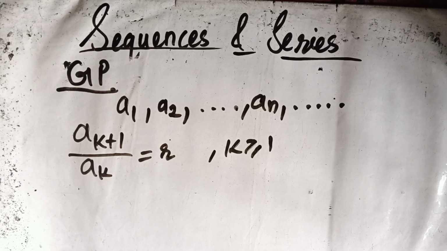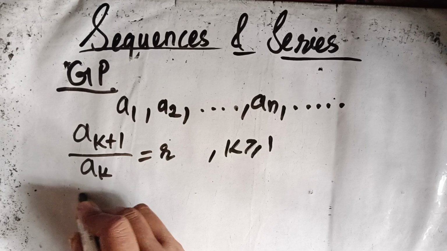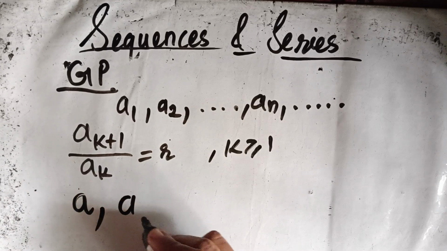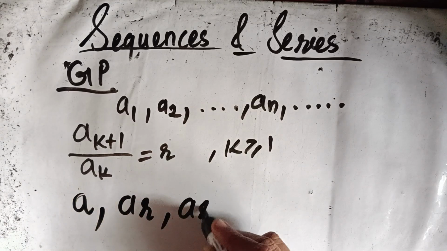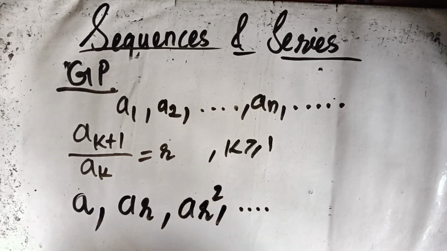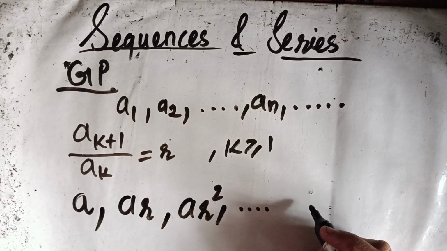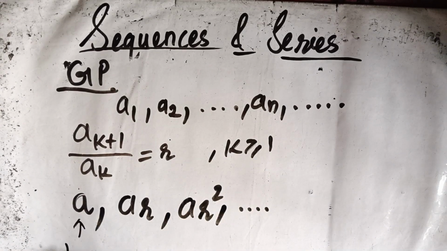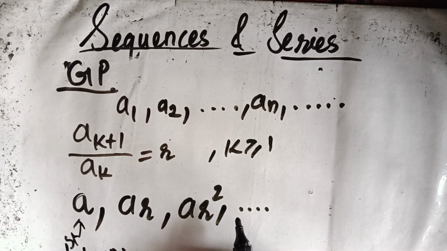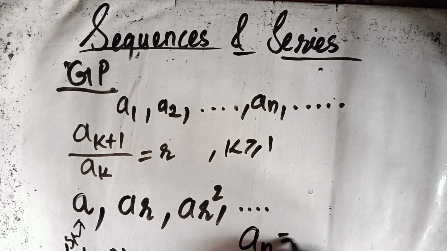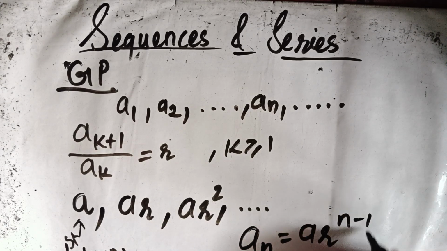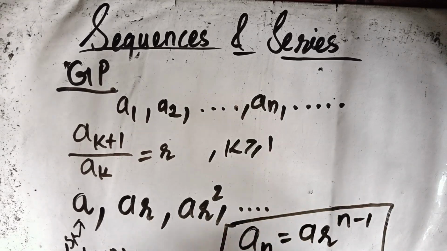Okay. So the sequence is given by A, A into R, A into R square. And so this is the first term. Okay. And the general term is given as an equal to A R raised to n minus 1. This is the nth term of a GP. Okay.